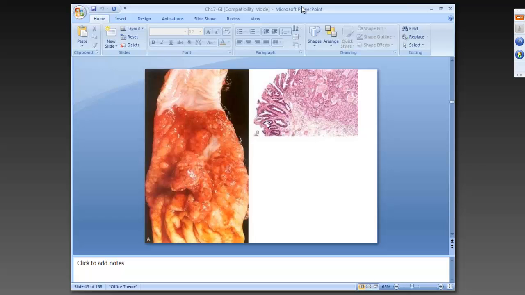Now you see the mucin secreting cells here. Let's write in red and use the pen. These are all mucin secreting cells. They're absorptive also. And all this carries a substantial increase to ulceration, as you see in the gross picture on the left.